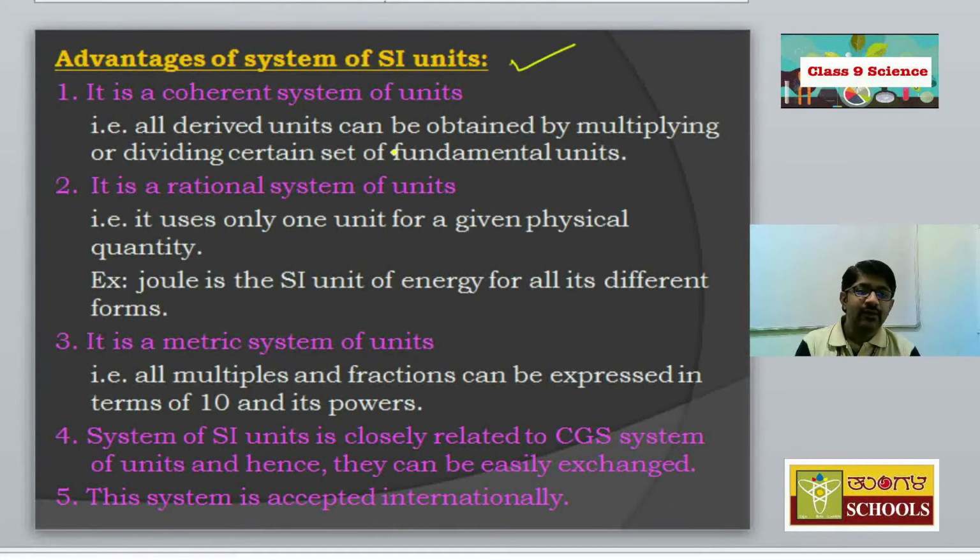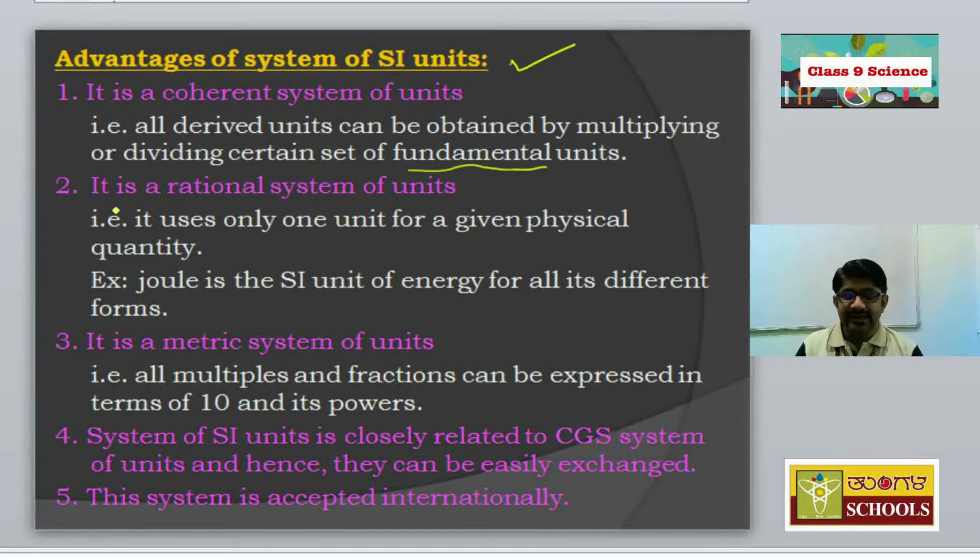By using a certain set of fundamental units, all derived units can be obtained by multiplying or dividing, and hence it is said to be a coherent system of units.